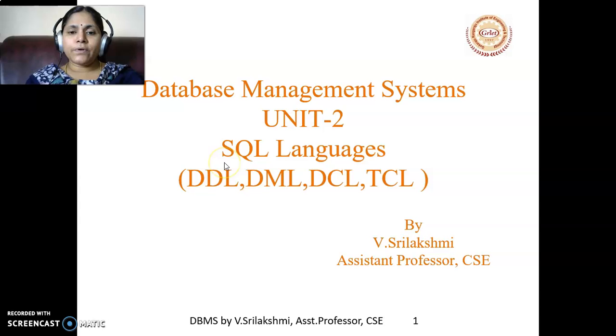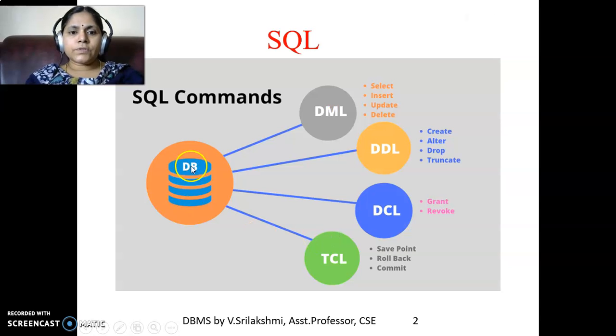In this video, I am going to explain about the Unit 2 concept, Structured Query Language, the different types of languages in SQL, that is DDL, DML, DCL and TCL. These are all the various commands that are available in SQL.